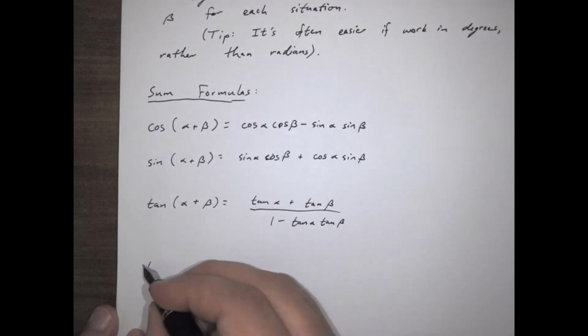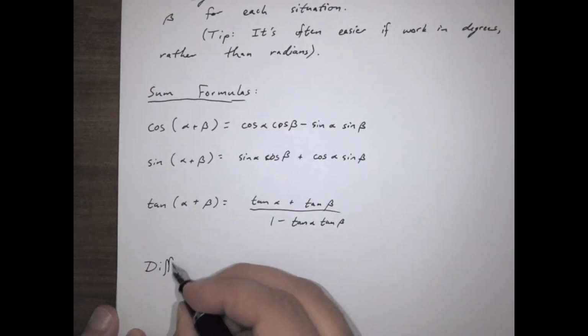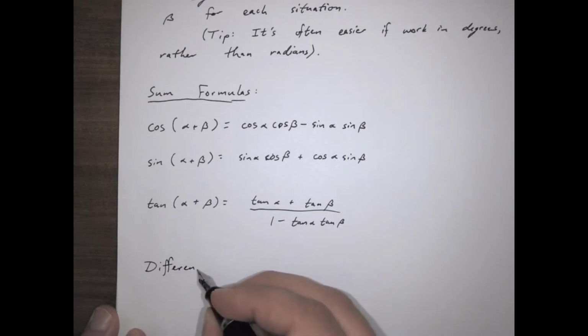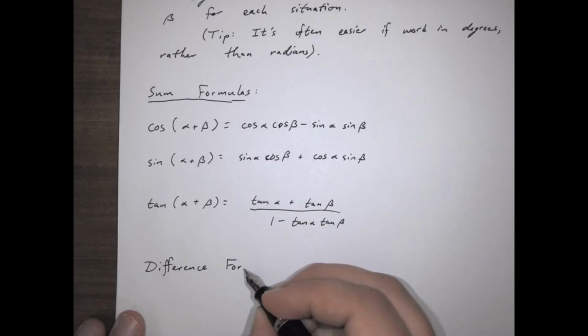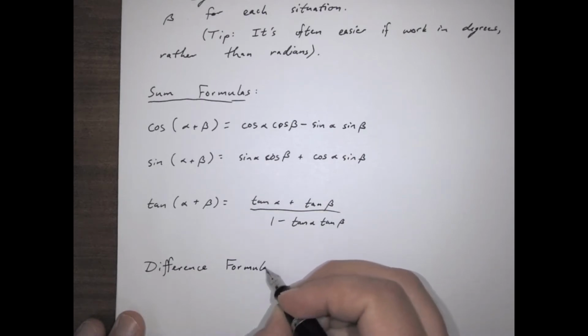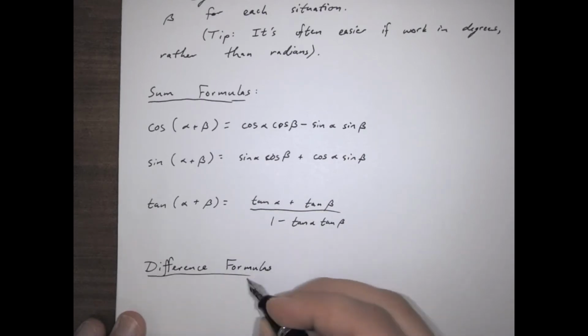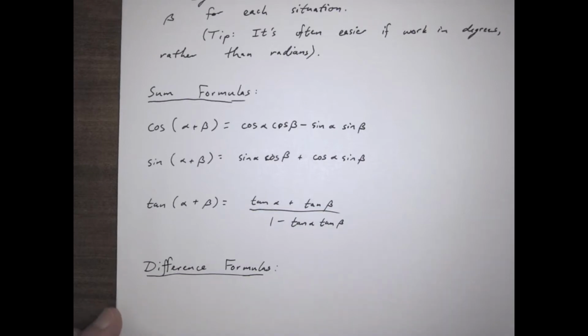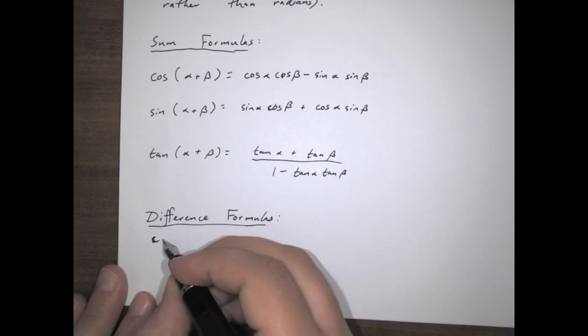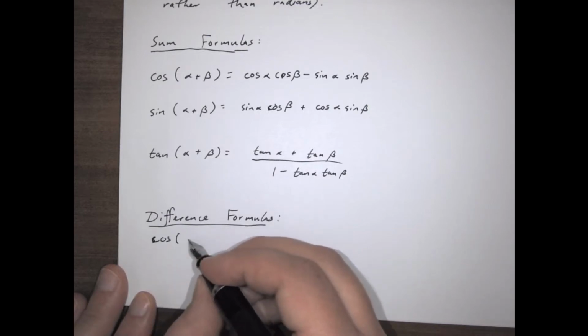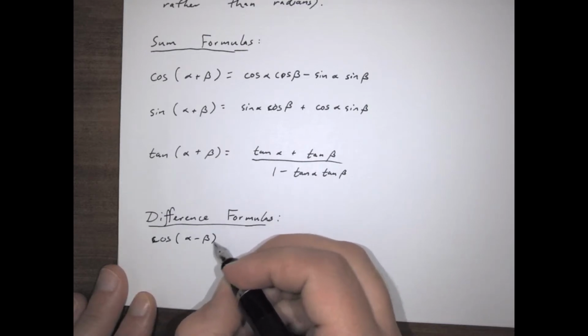Now, the difference formulas, let's just put them all into play so that we can see how we're going to need to use these. So the difference formulas. Cosine of alpha minus beta equals.